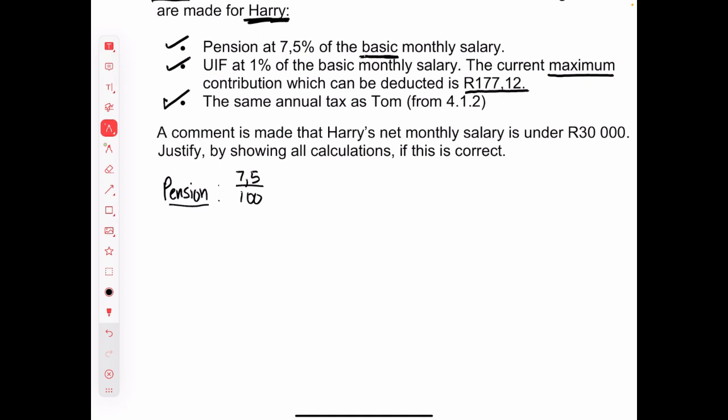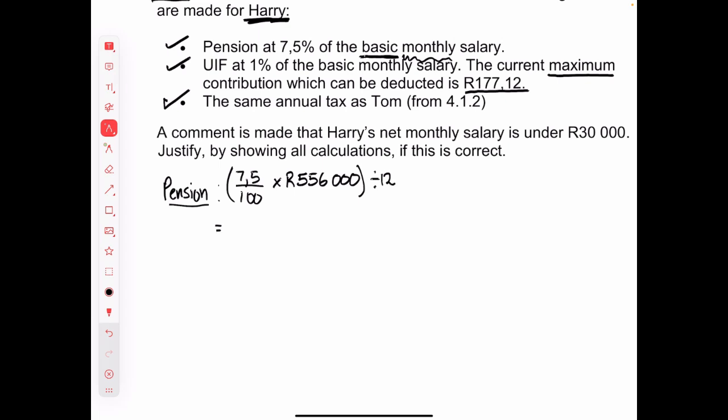Okay, and because we're looking at monthly, we're going to have to change everything to monthly, because at the moment it is annual. So times, and the salary we were looking at is our previous one of 556,000, and we're going to take that amount and divide it by 12.